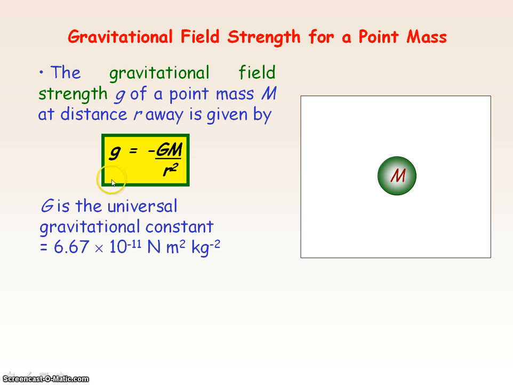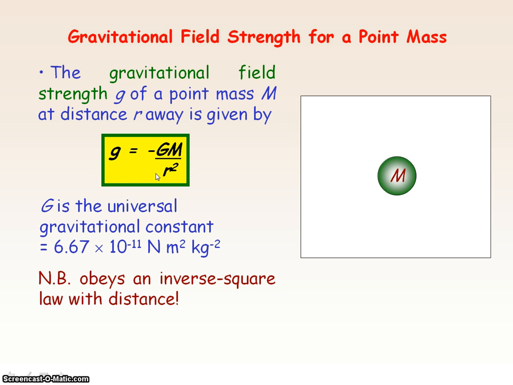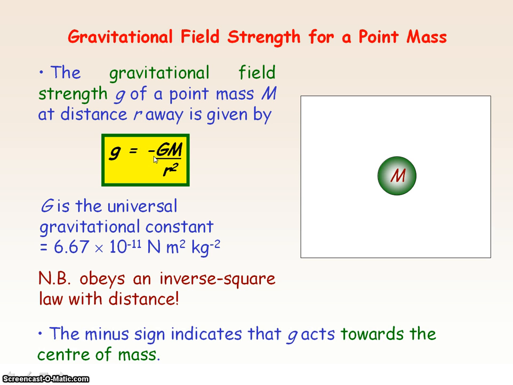It's important to note that the gravitational field strength obeys an inverse square law with distance, and the minus sign indicates that the gravitational field strength acts towards the centre of the mass.